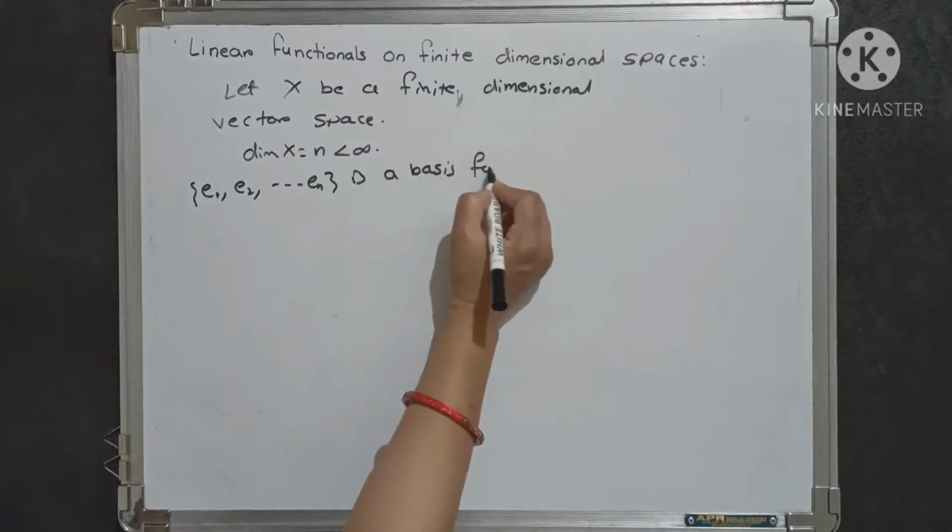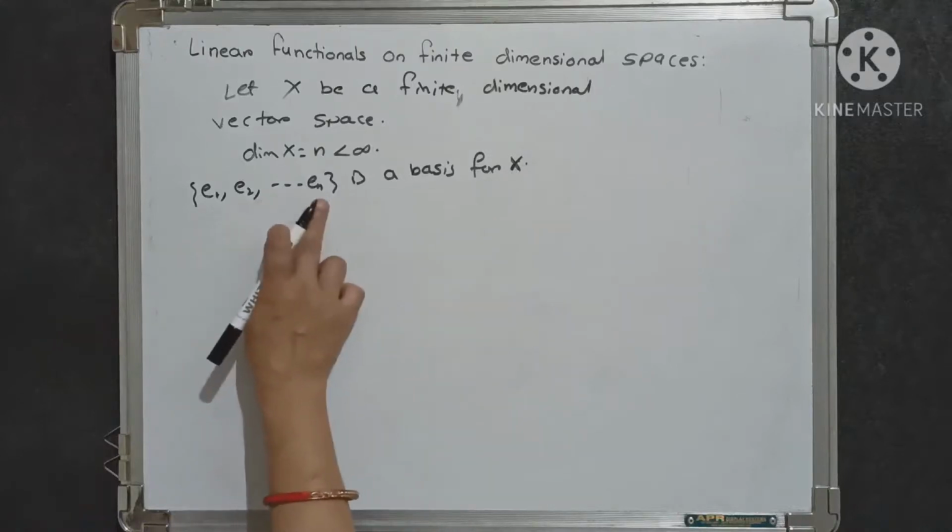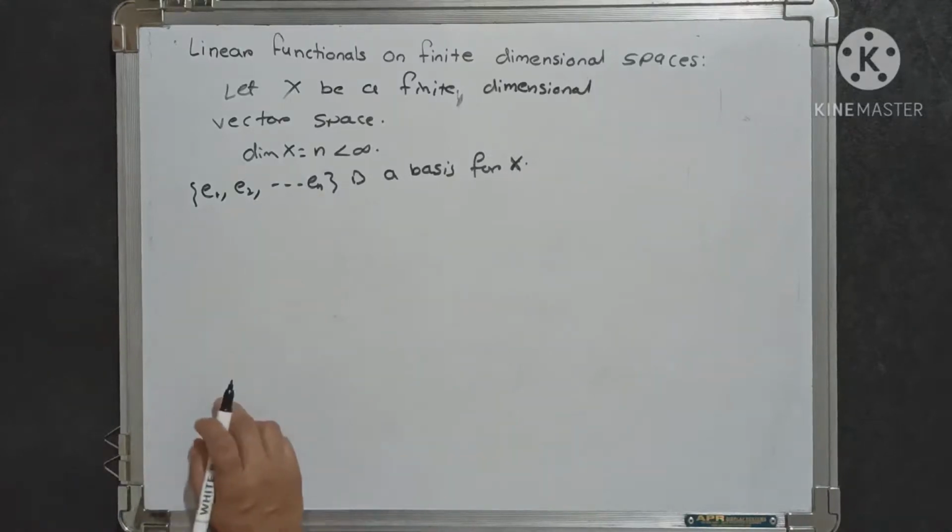As it is a basis for capital X, every element of capital X has a unique representation in terms of e1, e2, up to en.